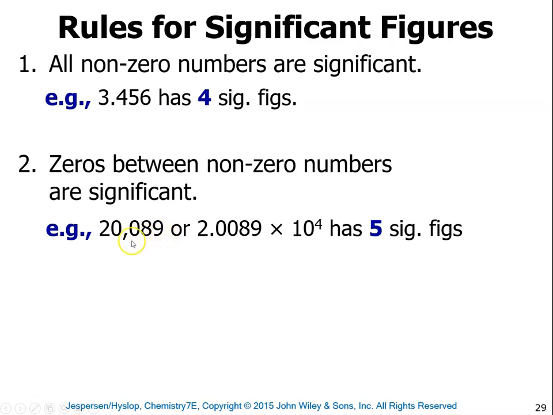We're going to count 1, 2, 3, 4. And so we have 2.0089. So this number is the same, except we move the decimal place 4 digits, and then that allows us to have times 10 to the 4th, so that tells us how many times we move the decimal place. Now it's easy to count, so now we know it's kind of the same thing. We'd have 5 digits, 1, 2, 3, 4, 5.